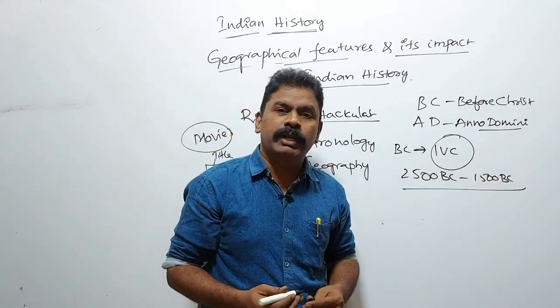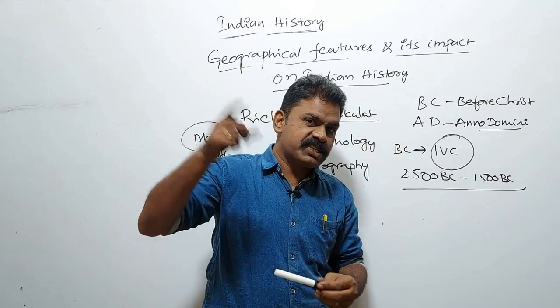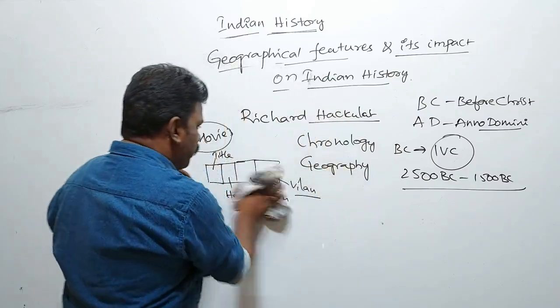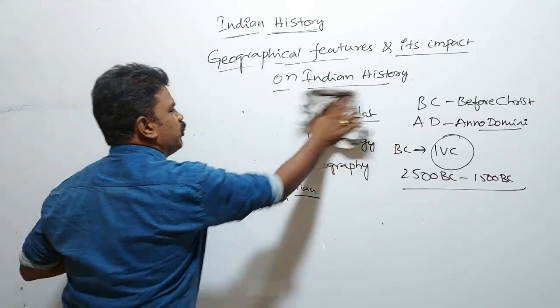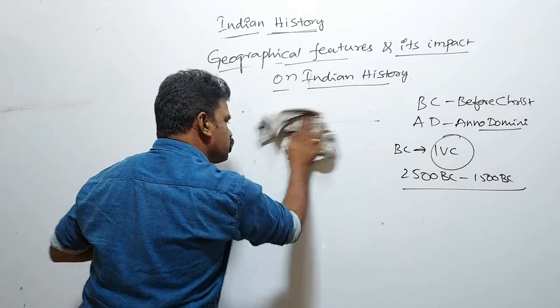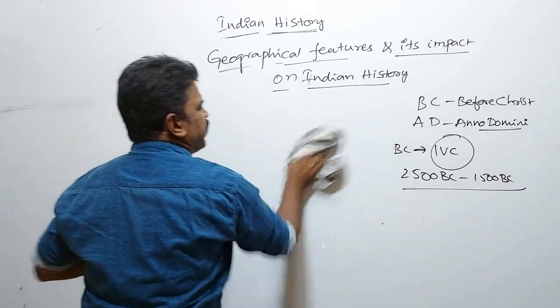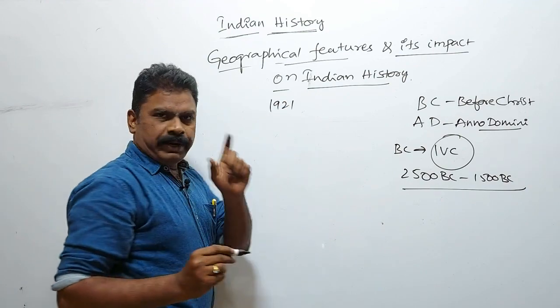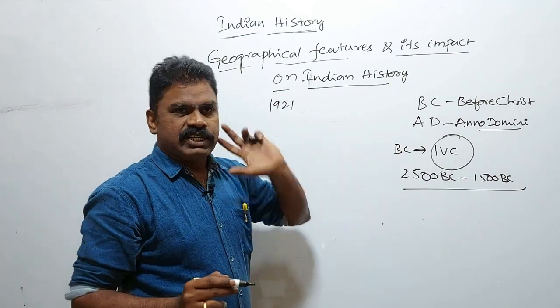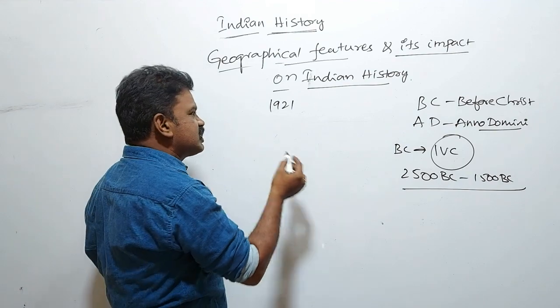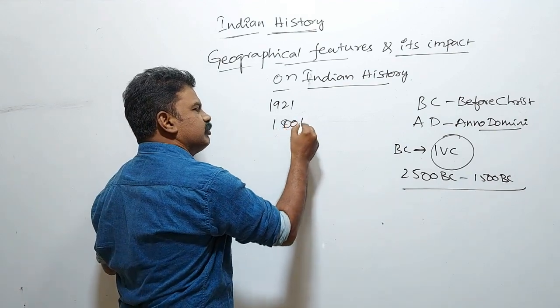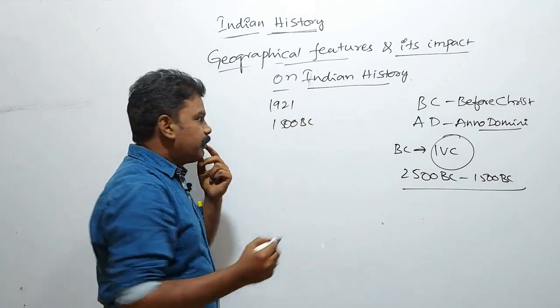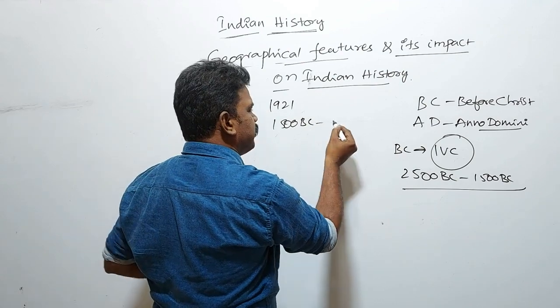Because nobody knows where history started, we go back. For example, until 1921 nobody knew about the Indus Valley civilization. So our Indian history starts from 1500 BC.